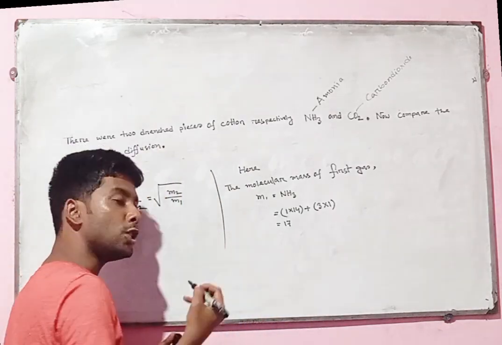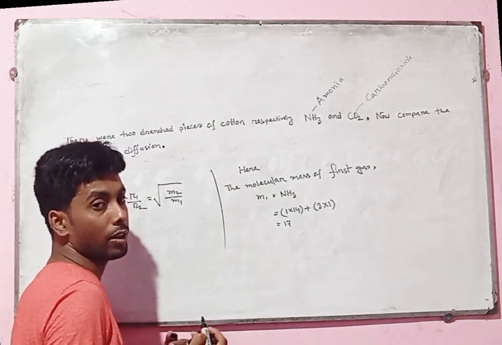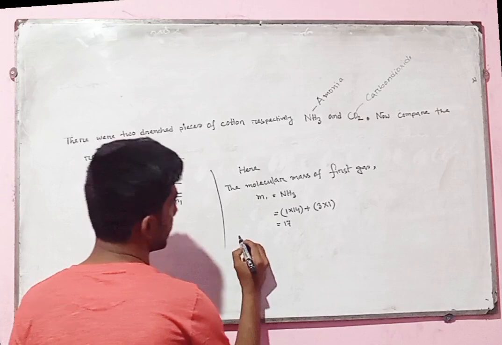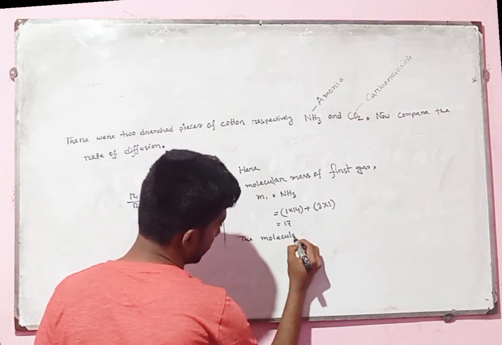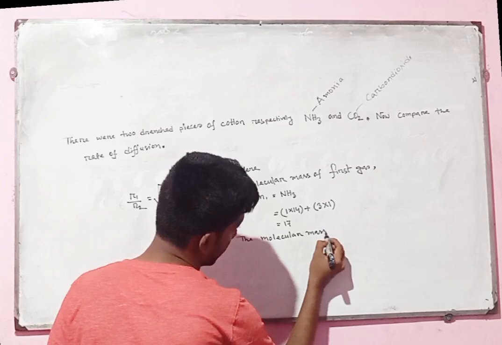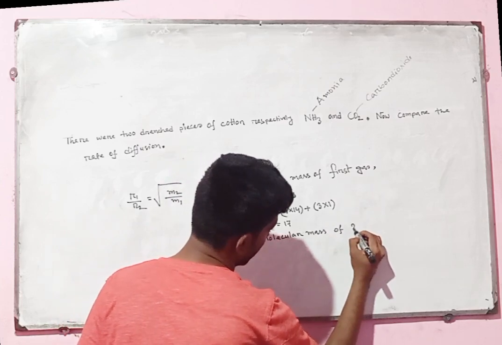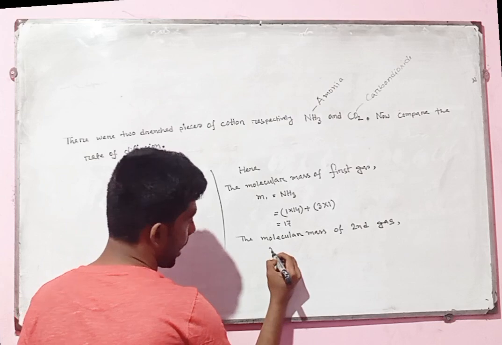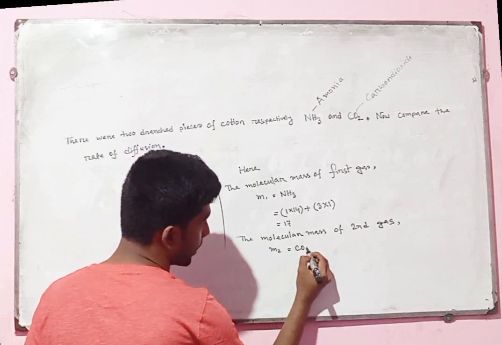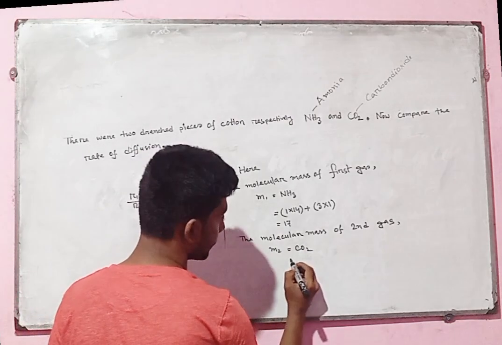Now we will do the next step like the first one. The molecular mass of the second gas, M2, equals carbon dioxide, CO2.